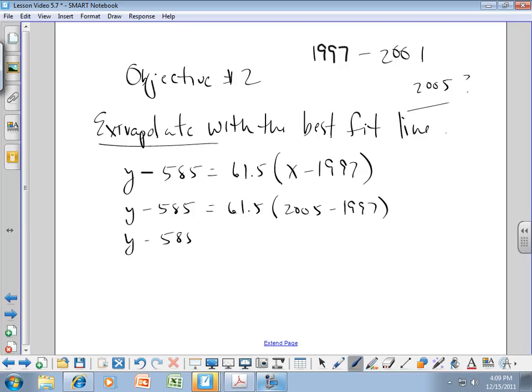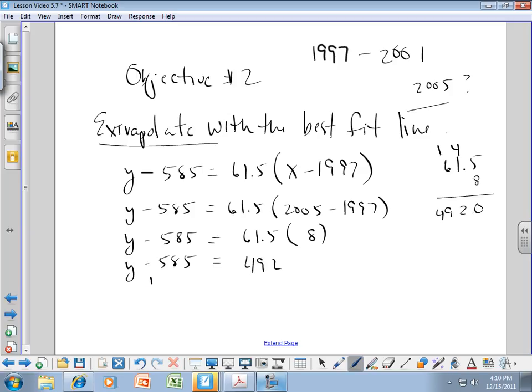So y minus 585 equals 61.5 times, isn't that 8? Mm-hmm. And then this is something, I don't know if you guys know what this is. It's called multiplication. 8 times 1 is 8, plus 4 is 12. Yeah. You carry the 1. 8 times 6 is 48. It's 49. You move the decimal one place. So that's really going to be y minus 585 equals 492. How do I solve for y? I add 585, and I get, let's see, 7, 17.